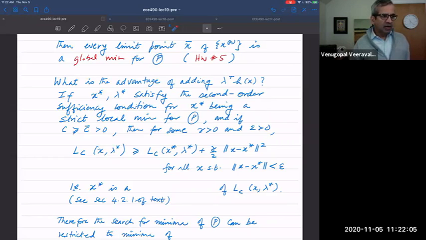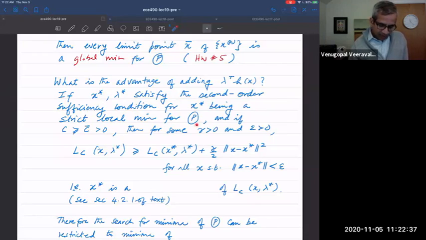So you look at the Hessian of the Lagrangian function and make sure that y transpose times the Hessian times y is strictly positive for y belonging to V(x star). That's the second order sufficiency condition. So suppose that x star and lambda star satisfy those conditions.